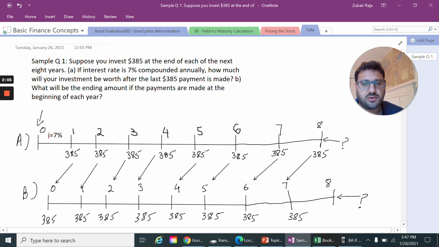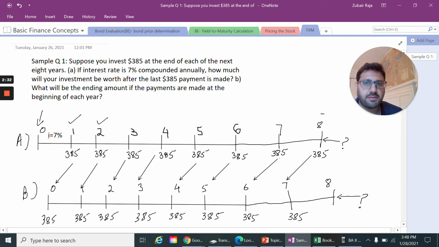There is no year zero, but it symbolically means that this is the time right now. After the end of the first year, there will be the first deposit happening over here, then second, then third, and so on until the eighth period will be over. So at the end of the eighth period, the last eighth payment will happen, 385.